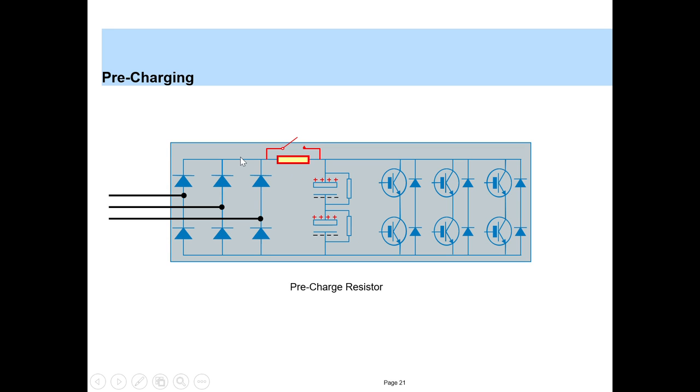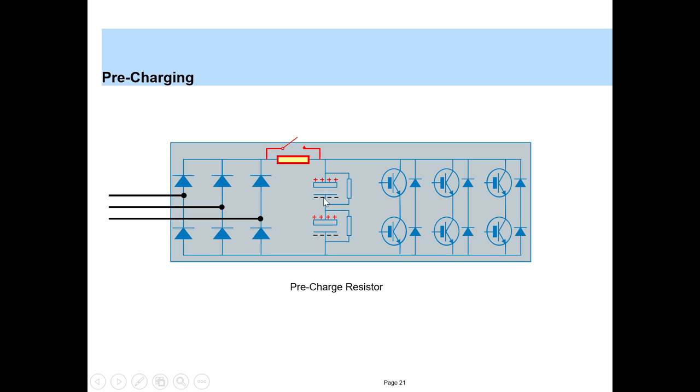So what will happen? This is the AC supply and you have a capacitor here. Talking about the dynamic characteristics of a capacitor at t equal to 0, let's assume the capacitor is discharged at t equal to 0. As soon as you switch on the supply to this capacitor, it acts as a short, and gradually the current rises, and when the capacitor is fully charged, the current flow becomes 0.